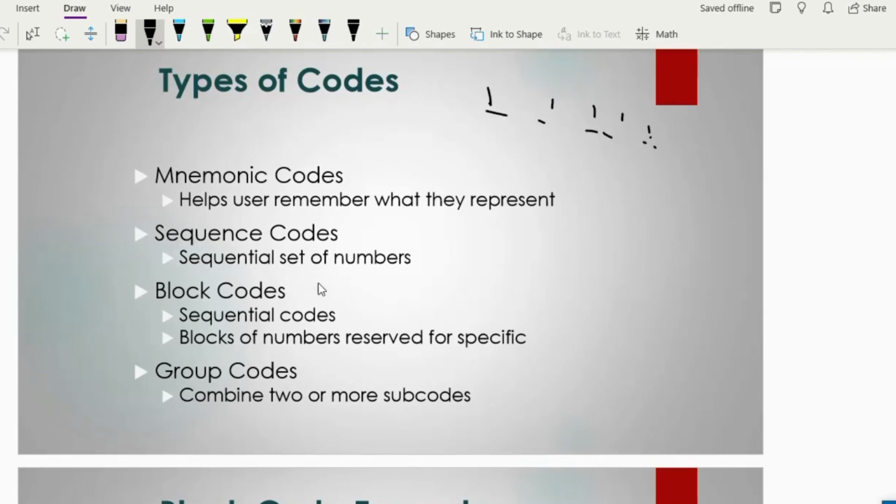Then there should be a sequence. Let's suppose we are giving the cash account 120, and at that time the company does not have any dealings in credit sales, but after 5 years, the company started dealing with credit sales. Now they need an account for accounts receivable.